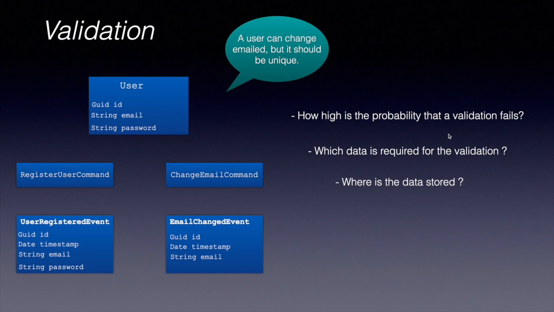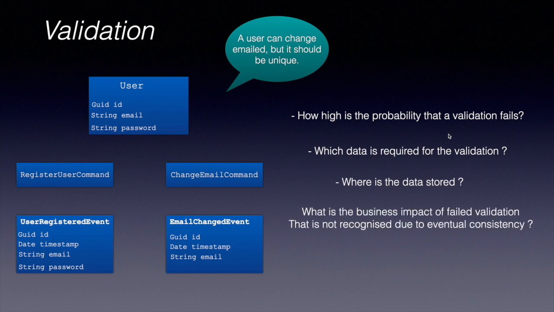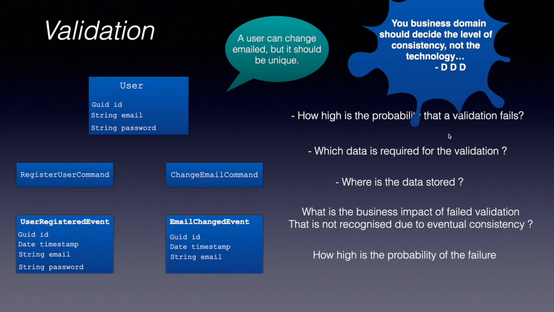To validate the data we have to consider the event store or read storage. What is the business impact of a failed validation that is not recognized due to eventual consistency? All these factors are very important while validating the data. Always look into your business domain to decide on any consistency level or validation, and how you should validate the data in your system.